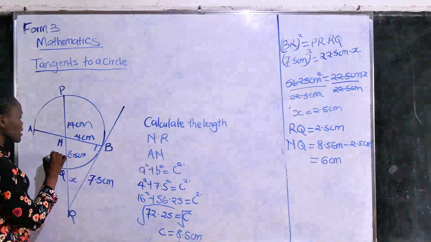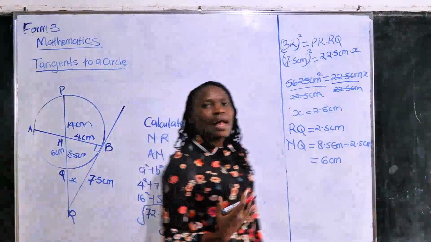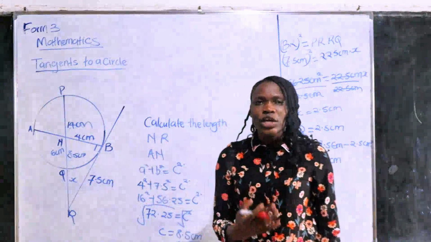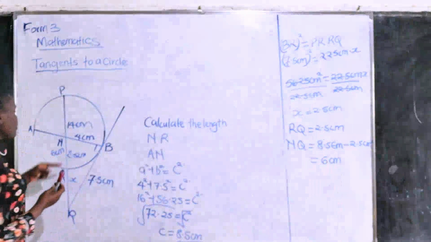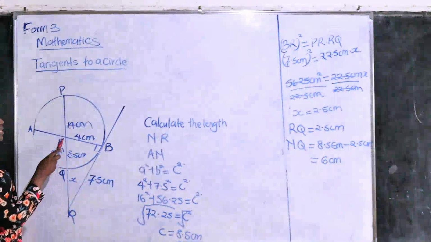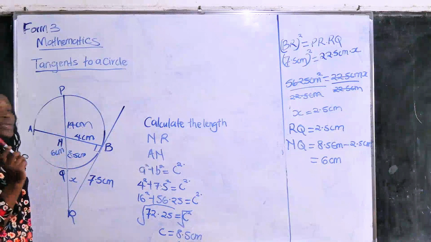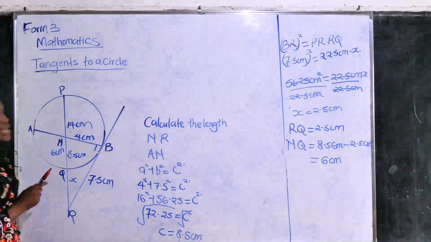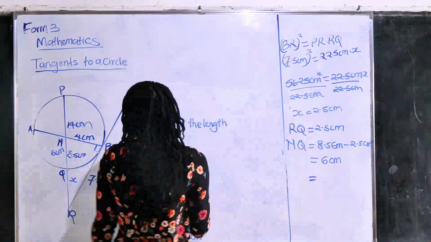From that, I'll apply the property of intersecting chords: when we multiply the length from this point to this point, it should be equal to the product of the lengths of the other chord's parts. Now let's multiply.